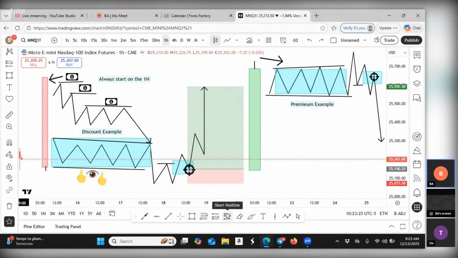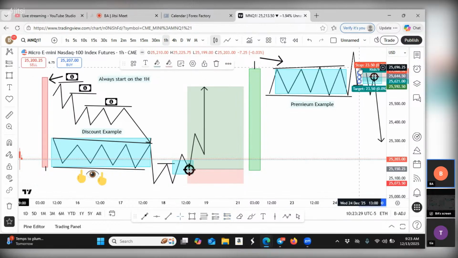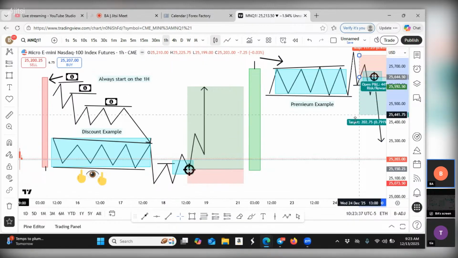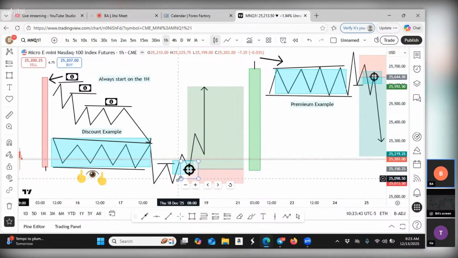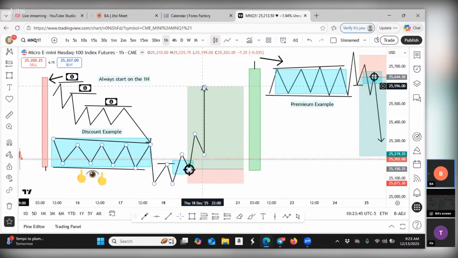Let me do that. Stop loss right above the little manipulation high. Trade to the bottom of the range. So say for example, let me do it like this.